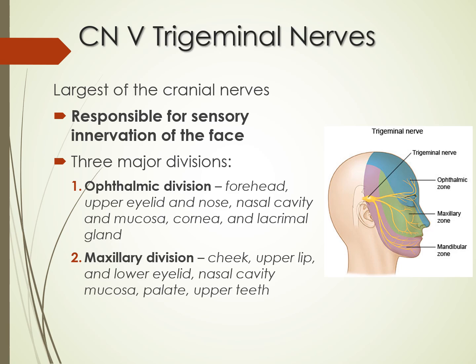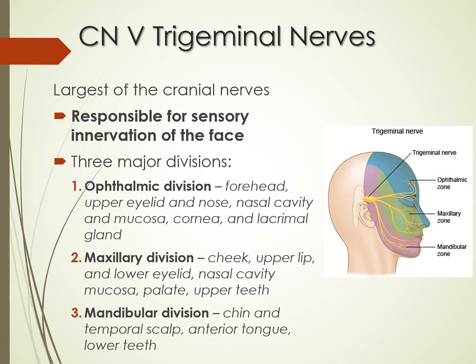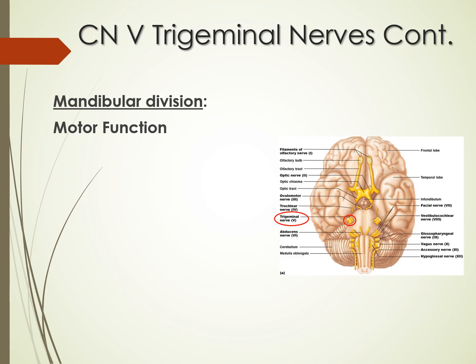So let's first talk about the trigeminal nerve, or cranial nerve 5. It is the largest of our cranial nerves, and it's responsible for all sensation to the face. There are 3 major divisions, and they make sense to where they go, and it covers all of our face with these 3 divisions.